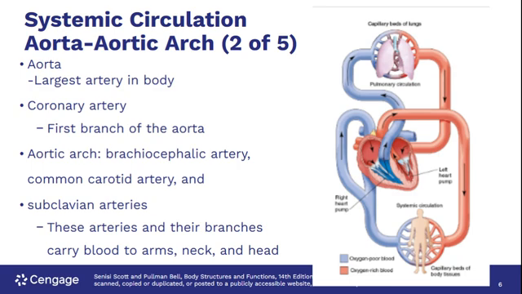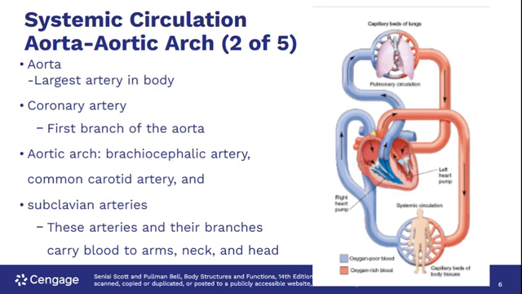So the brachiocephalic on the right side is combined. It provides blood to the arm and your brain, and the left side is separate. There's the common carotid, which brings blood to your brain, and the left subclavian artery, which brings blood to your arm. All three of those feed your arms, your neck, and your head.